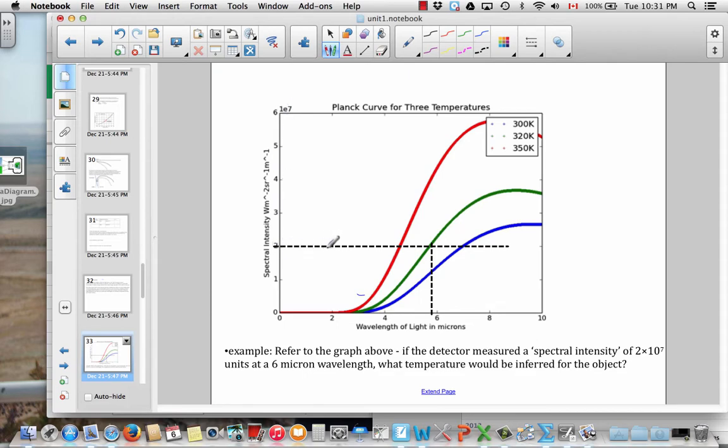And let's imagine this camera was sensitive to infrared light with a wavelength of about 6 microns. Well, you can see that that corresponds to a Planck curve at a temperature of 320 Kelvin. So this camera would output a temperature for this object, or that point on the object, of 320 Kelvin.